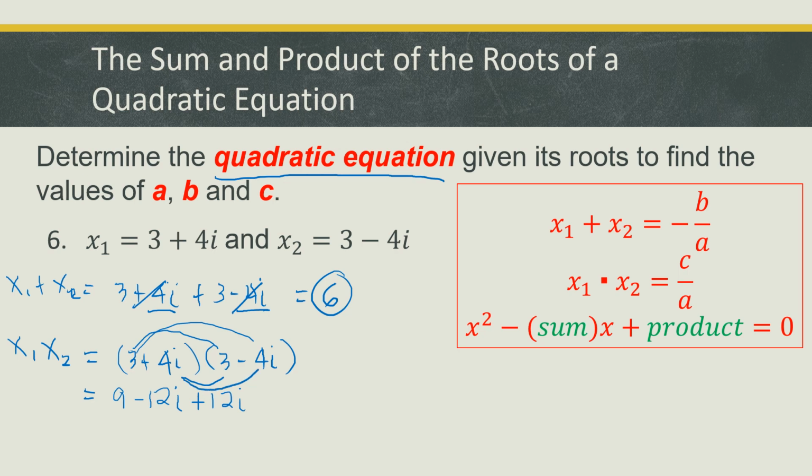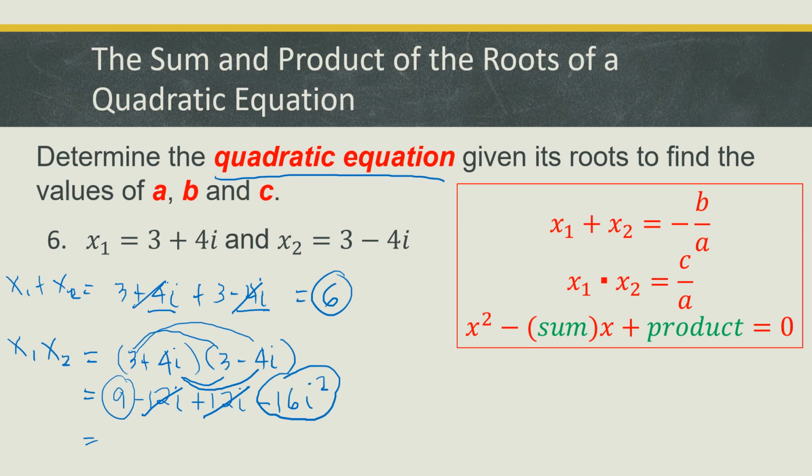And 4i times negative 4i is negative 16i squared. So negative 12i and positive 12i is 0. So we have now 9 and a negative 16i squared remaining.